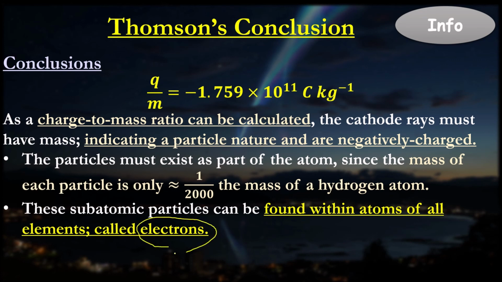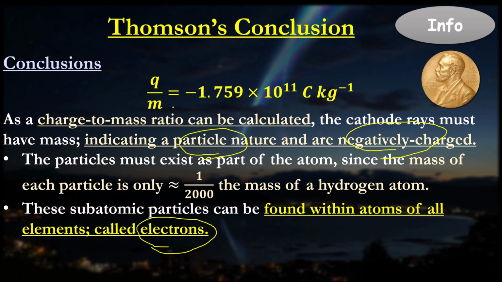He came up with the idea of it being called the electron, negatively charged, and it's also a particle. That's what he came up with all from his investigations. He won a Nobel Prize for it as well.